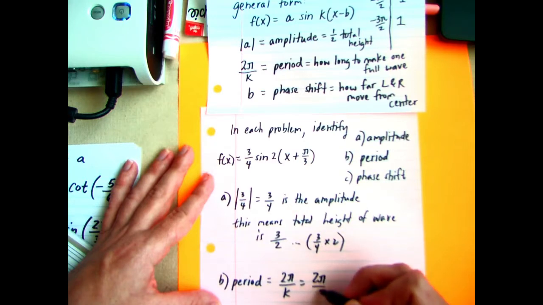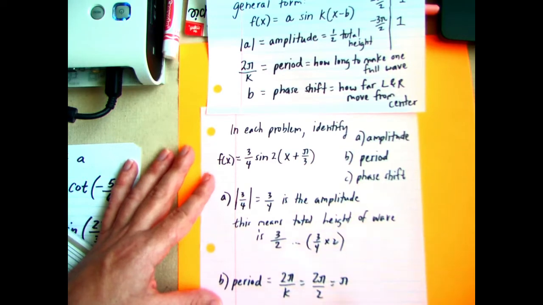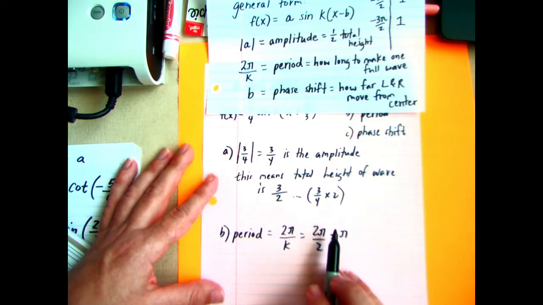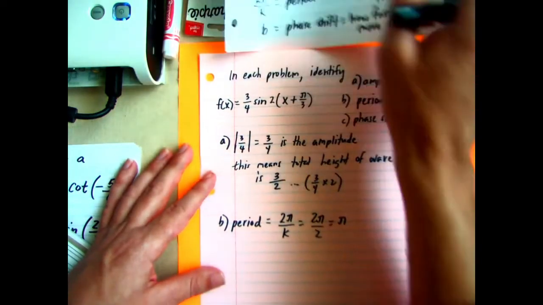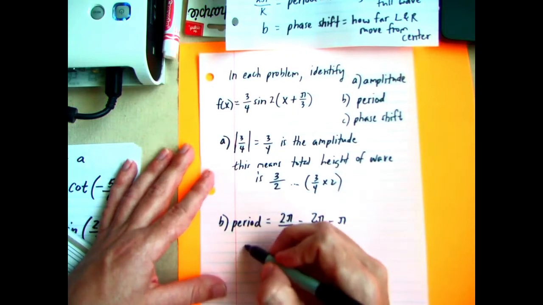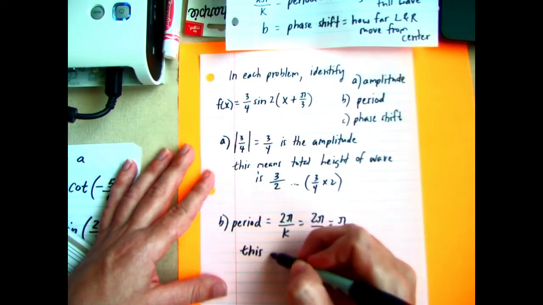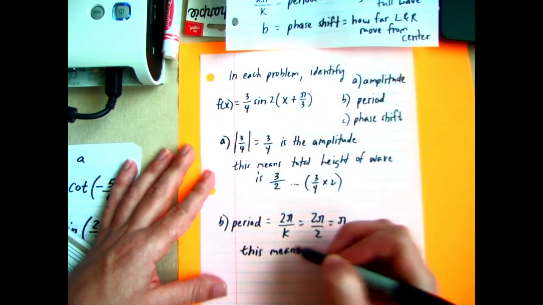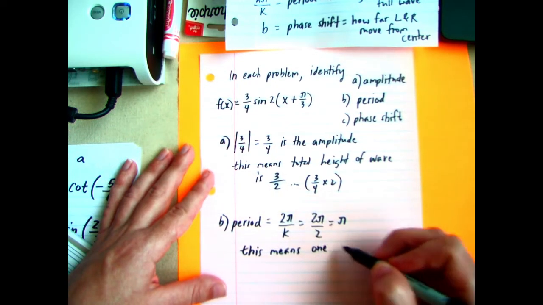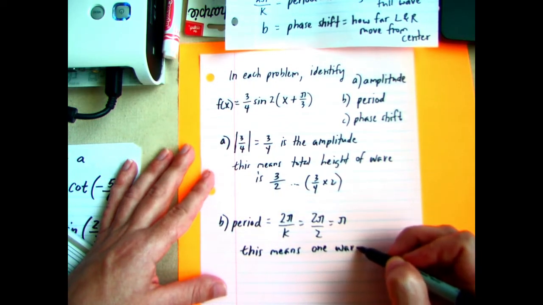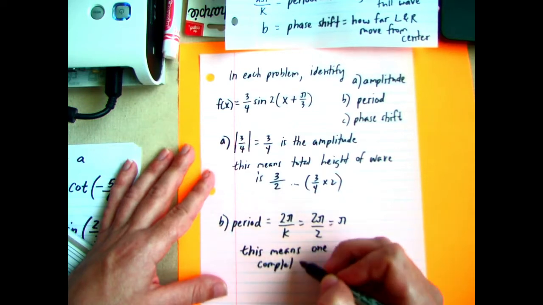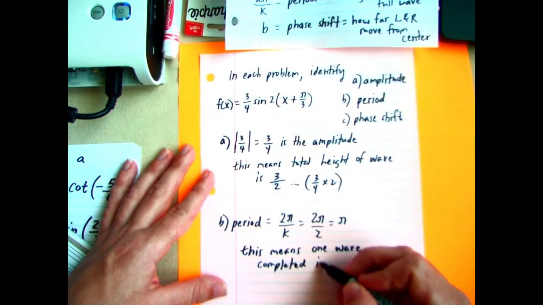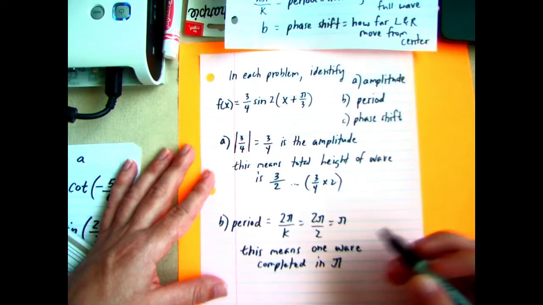That is the value of my period. We're going to make one complete wave in a distance of just pi. So just writing it out for you here, this means that one complete wave is done in a distance of pi.